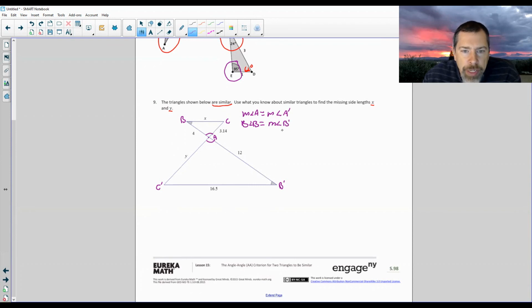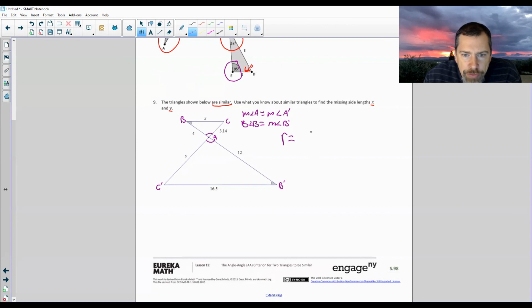Okay, so we have angle. We need proportional sides. So that's why I like naming them. So you have to use the given side to set up your proportion. So our R is going to equal, and I'll put the one that we know both components to first.